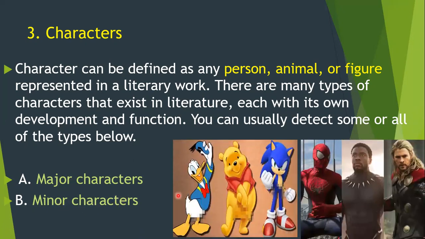So you see here, the characters are either people, animals, or figures. As we mentioned, the third element of fiction is the characters, and we have two kinds of characters, and each one of them is also subdivided into other kinds of characters, as we will see next.